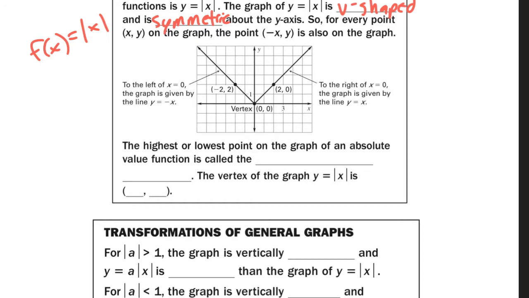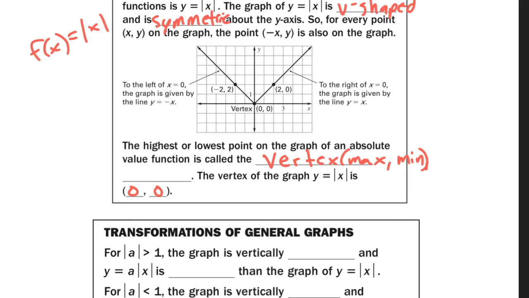The highest or lowest point on this graph of an absolute value function, we call that the vertex. And that can be a maximum value, a highest point, or a minimum value, a lowest point. The vertex of the parent function is 0, 0.